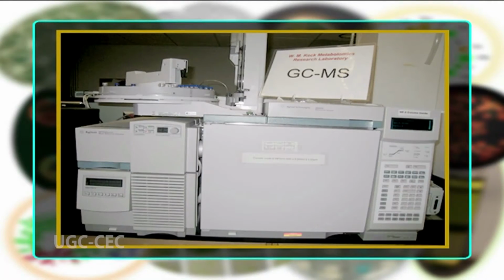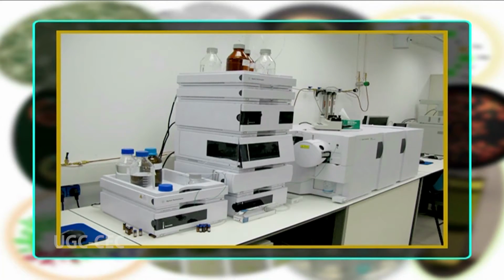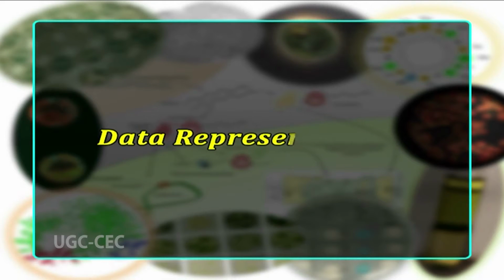A common combination is gas chromatography mass spectrometry. Similar to the gas chromatography mass spectrometry, liquid chromatography mass spectrometry separates compounds chromatographically before they are introduced to ion source and mass spectrometer. Now coming to data representations.